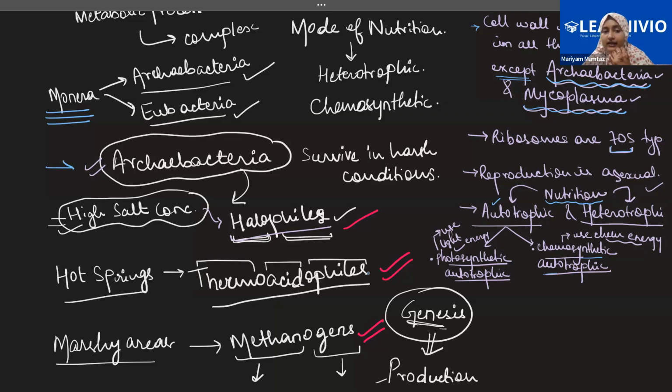Talking about the Archaebacteria, these are the ones that can survive in harsh conditions, such as high salt concentration, meaning they can live in areas that have higher salt concentration, and those organisms are known as halophiles. Then there are some archaebacteria that can live in hot springs, the hot water bodies, known as thermoacidophiles.